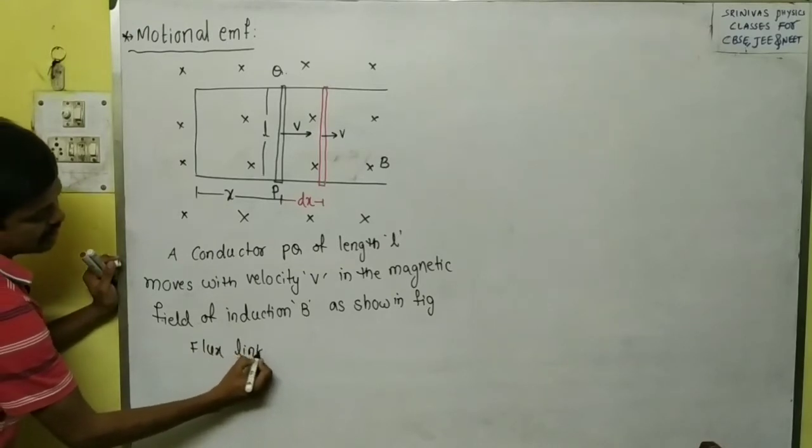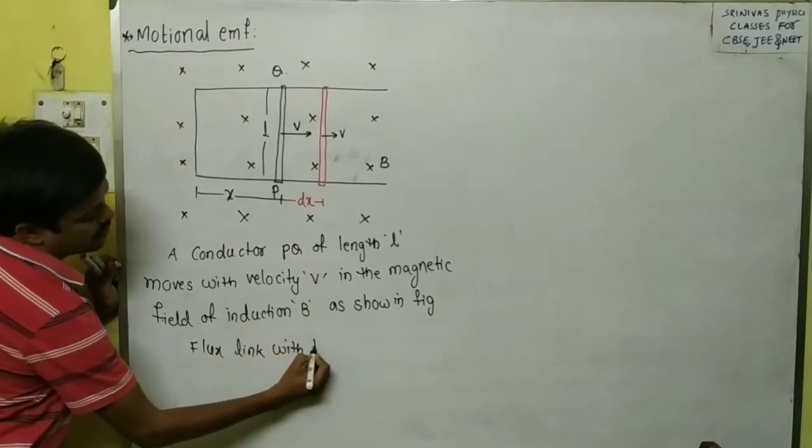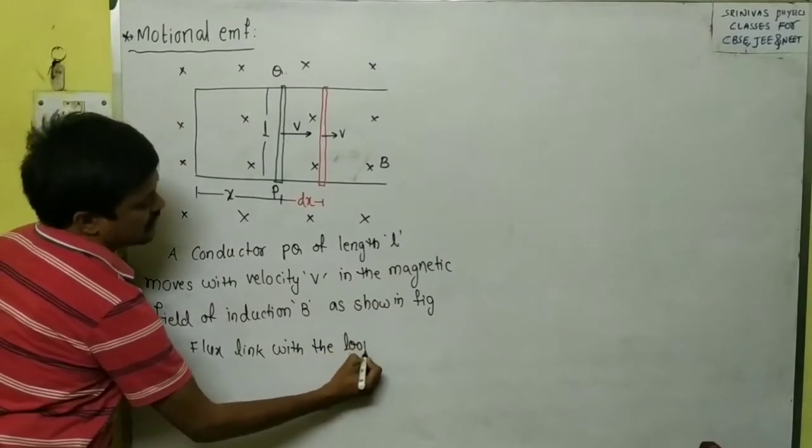What is the flux linked with the loop in the figure?